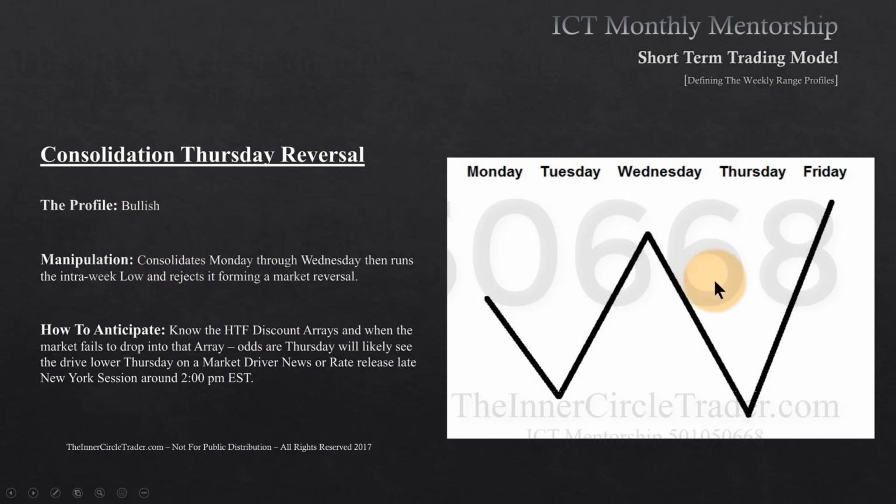The reverse of this, where it creates the high of the week on Thursday. Not necessarily the high of the week, but a reversal of sorts on Thursday, and it drives into the lower low on Friday. In other words, the big move really manifests on Thursday, just on a down move, whereas this profile is bullish when the market's bullish.